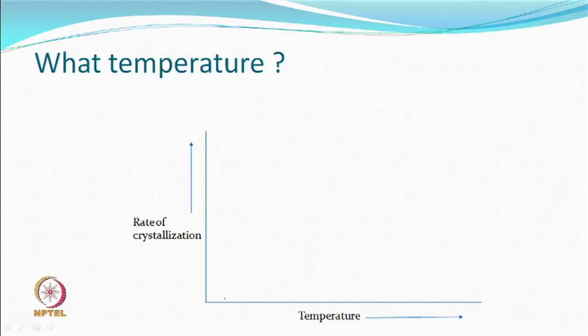So, even if we do not talk about the value of the rate, we can look at a generalized curve of rate of crystallization versus temperature. If we take any polymer, which now we are talking about thermoplastic material which melts, so you heat it up or you cool it from the melt, it is going to follow a certain uniform bell shaped curve, where at a particular temperature the rate of crystallization will be high.